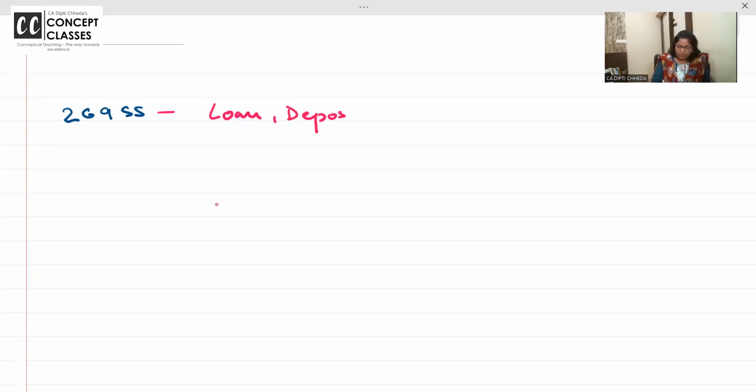Loan, deposit, accepted in cash above 20,000 rupees.